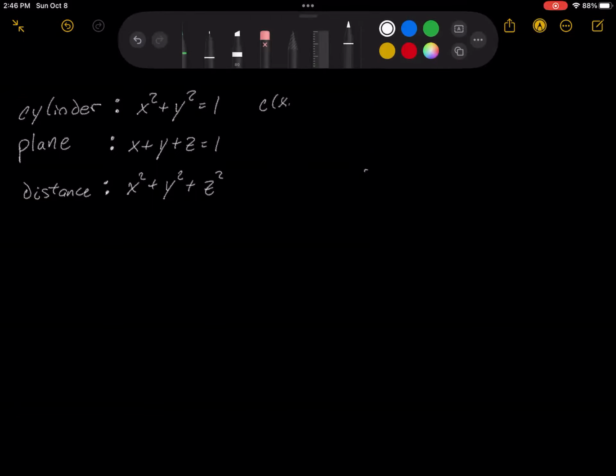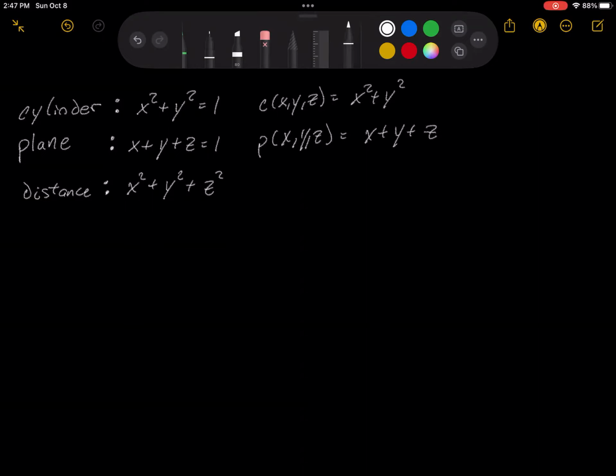So the cylinder equation, let's say, is x squared plus y squared, and then we're looking at the specific level curve where the cylinder equation returns a 1. For the plane equation, let's say it's p, x plus y plus z, and we're looking for the specific level curve of this plane equation when the plane returns a 1.